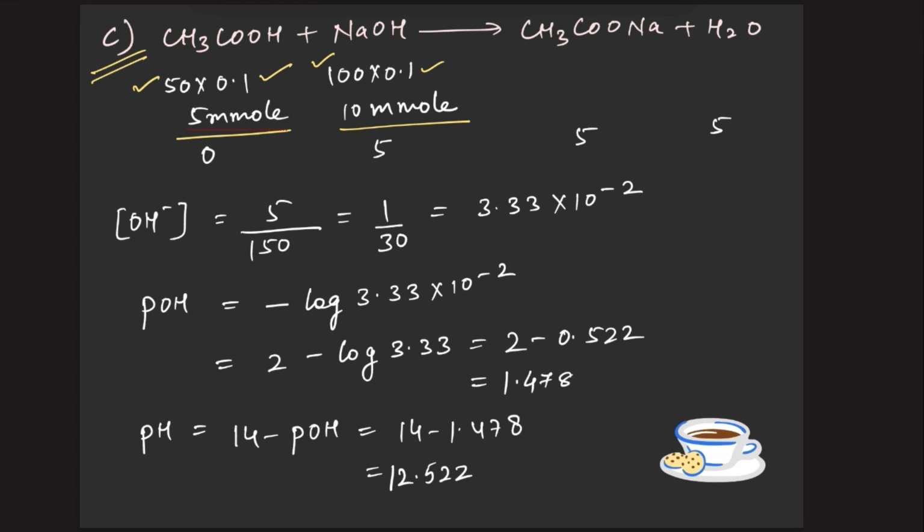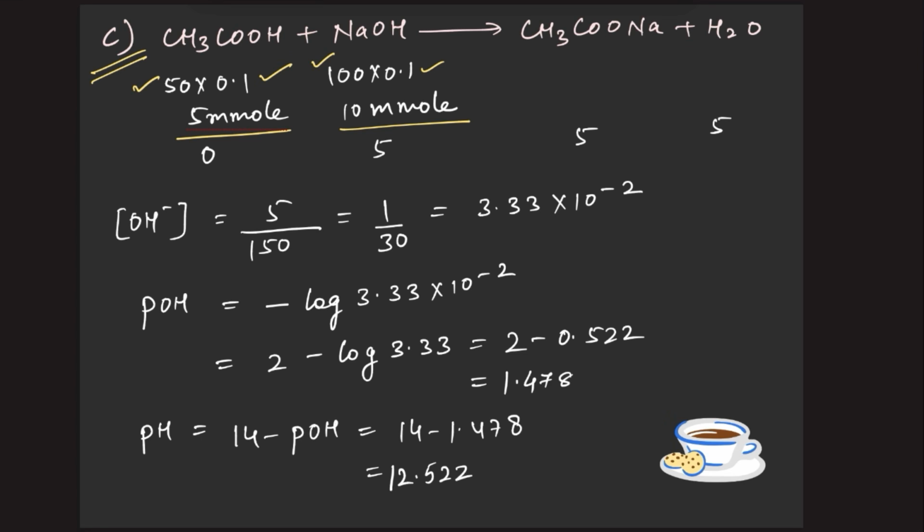Again, from the stoichiometry of the equation, it can be seen that 1 mole of NaOH reacts with 1 mole of acetic acid to give 1 mole of sodium acetate and 1 mole of water. So यहाँ पे which of the reactant is present in lesser amount? Amount of acetic acid is less. So acetic acid here, and the stoichiometric coefficient of all the reactants and products is 1.